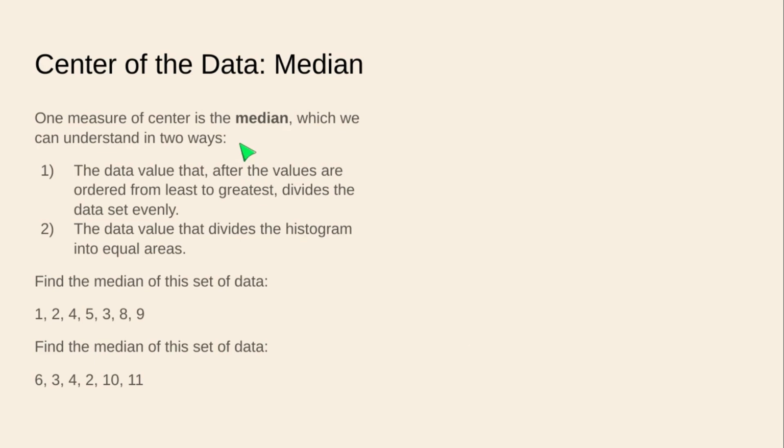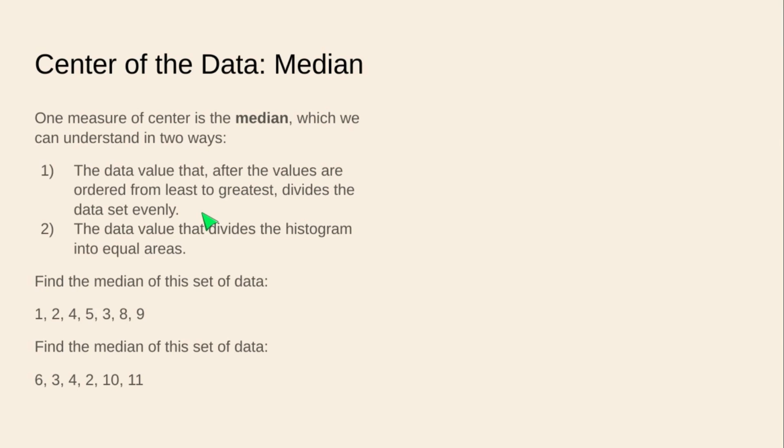One way to measure center is the median, which we can understand in two ways. First off, it's the data value that, after the values are ordered from least to greatest, divides the data set evenly. And number two, the data value that divides a histogram into equal areas. All right, so we have a more geometric understanding of what the median is and a strictly arithmetic way of understanding what the median is.